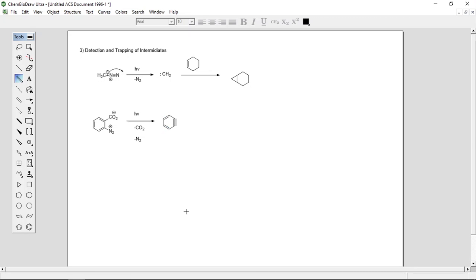This molecule is called benzyne, and you get the product.